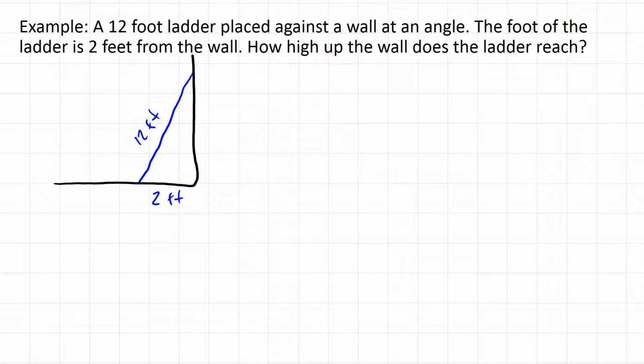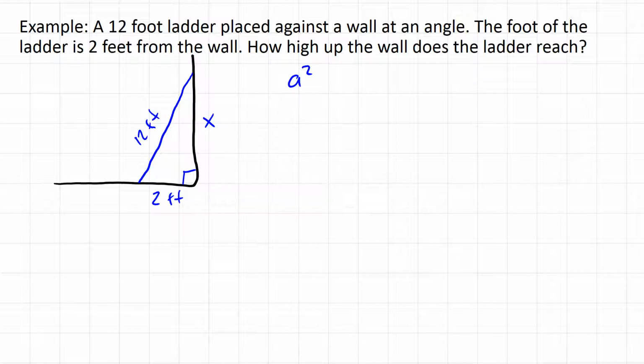And in this picture, we can see how high up the ladder reaches. Well, I'll just call that length x. It's our unknown. We don't know how high up the wall it goes. But we can see that because where the ground meets a wall, we have a right angle, that we can use Pythagoras to solve for that side x.